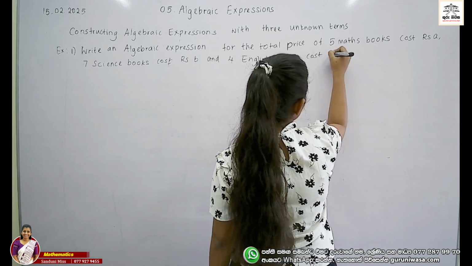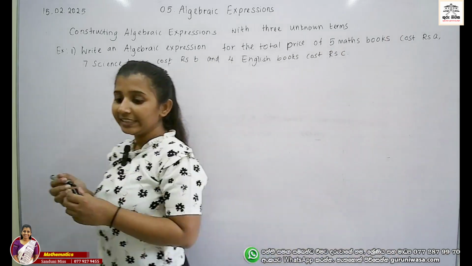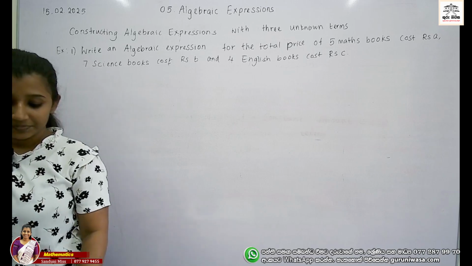Cost of maths book is A rupees, science book B rupees, and English book C rupees. Right. When you're finished writing, tell me the problem, then we'll see.